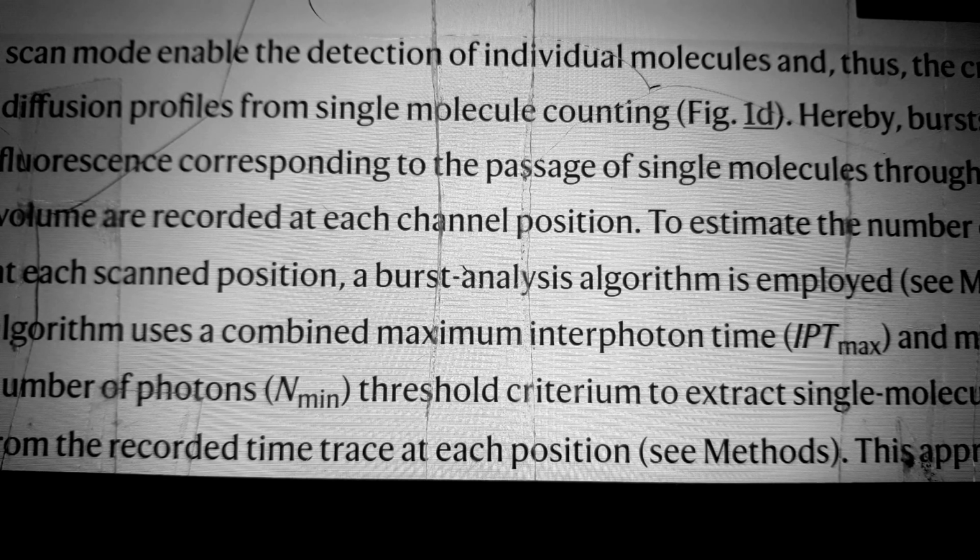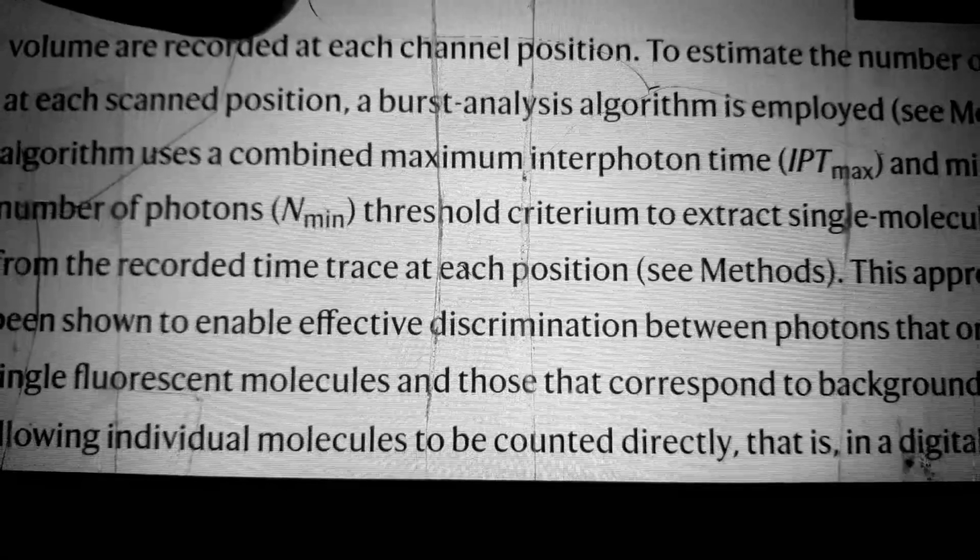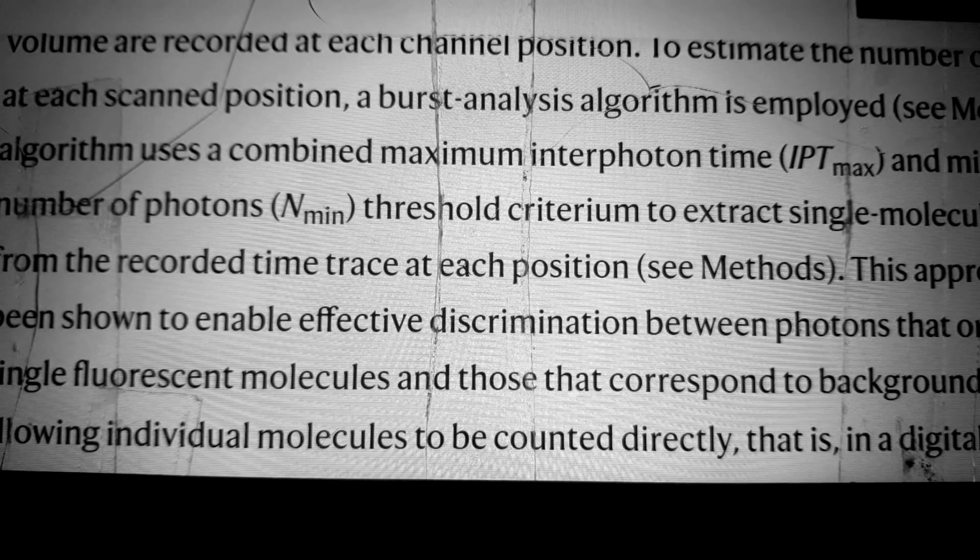Hereby, bursts of fluorescence corresponding to the passage of single molecules through the confocal volume are recorded at each channel position. To estimate the number of molecules at each scan position, a burst analysis algorithm is employed, see methods. This algorithm uses a combined maximum interphoton time, IPT max, and minimum total number of photons, N min, threshold criterion to extract single molecule events from the recorded time trace at each position.